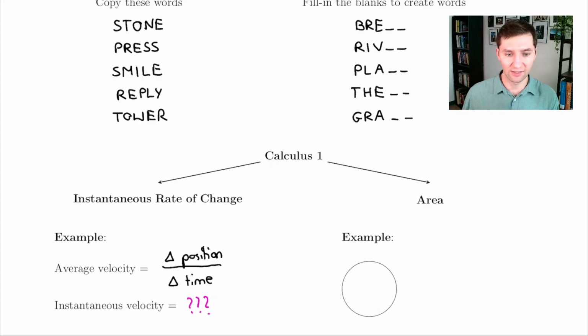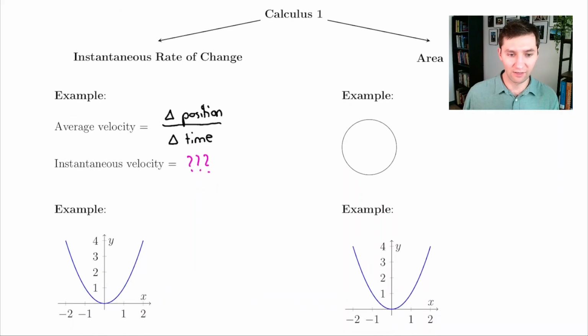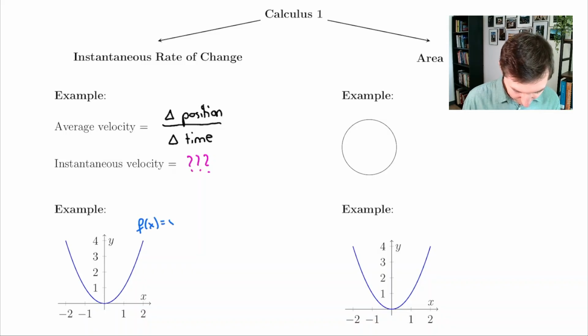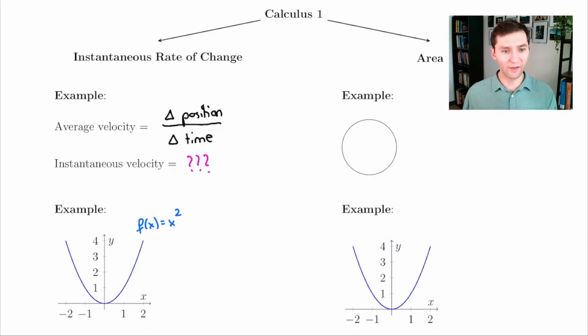Let me give you another example, this one involving a function. The function below is x squared. How fast does this function change? You can describe it in words. You can say that at the beginning, the function was decreasing fast. Then it was decreasing, but not as fast anymore.